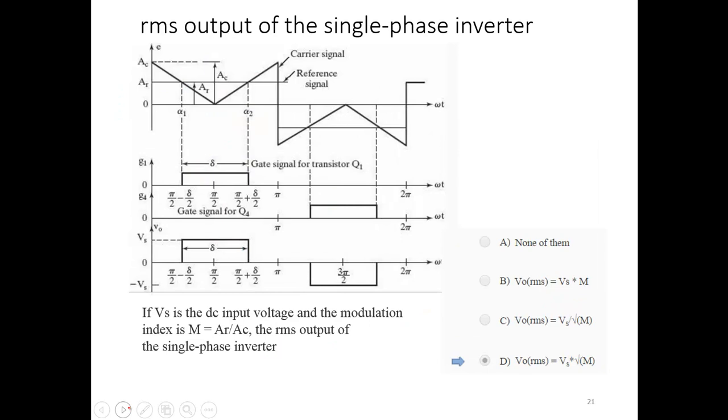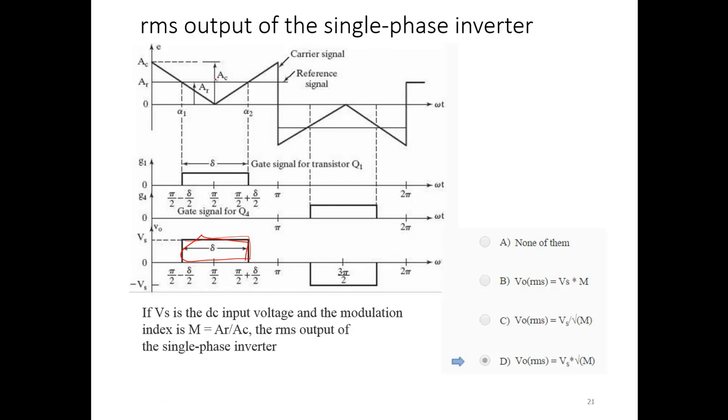Like the RMS value of a single-phase inverter: if you have a single-phase inverter, they ask you to compare. It will depend on the modulation, which will be like V_M. Remember the RMS value is the square root of the duty cycle. The modulation index is basically the duty cycle. What is the percentage of that modulation index?